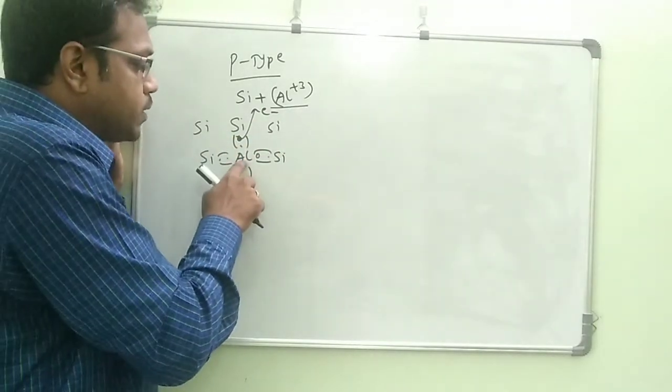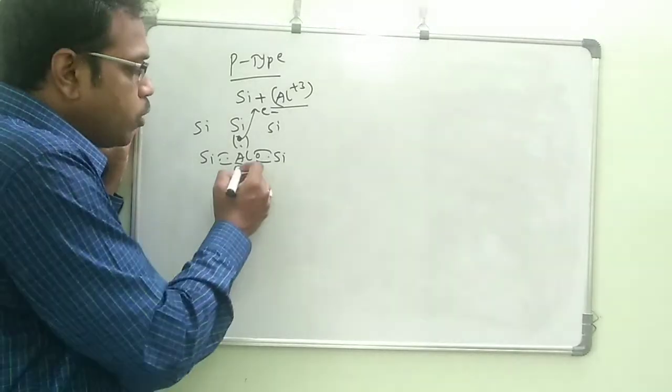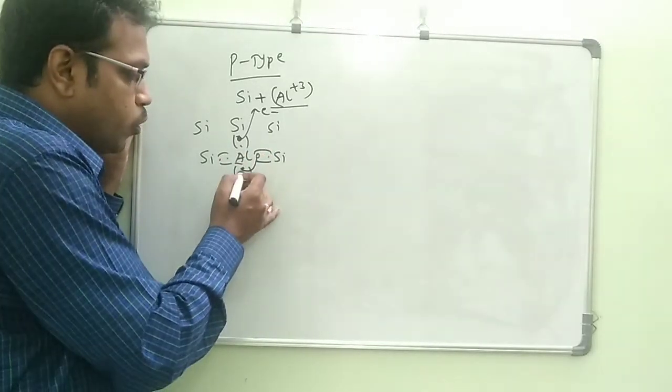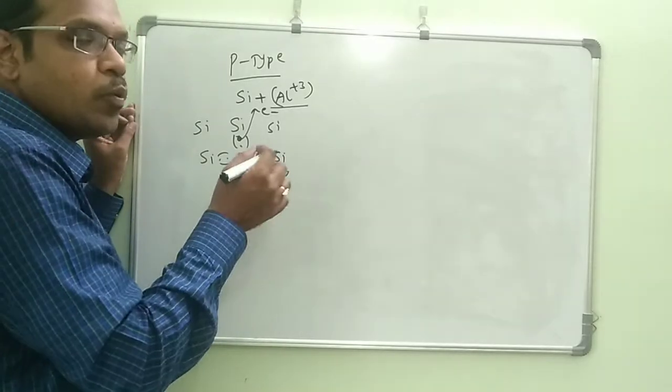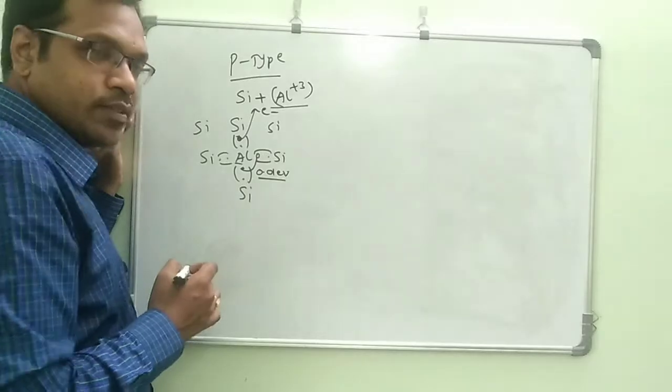Now this acceptor: if an electron wants to jump into this, so that a hole will come, it needs only 0.01 eV, that much energy is enough.